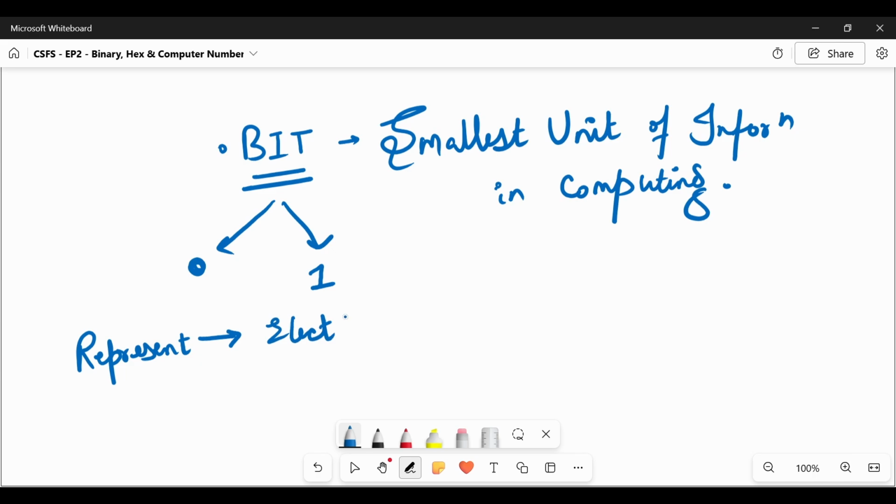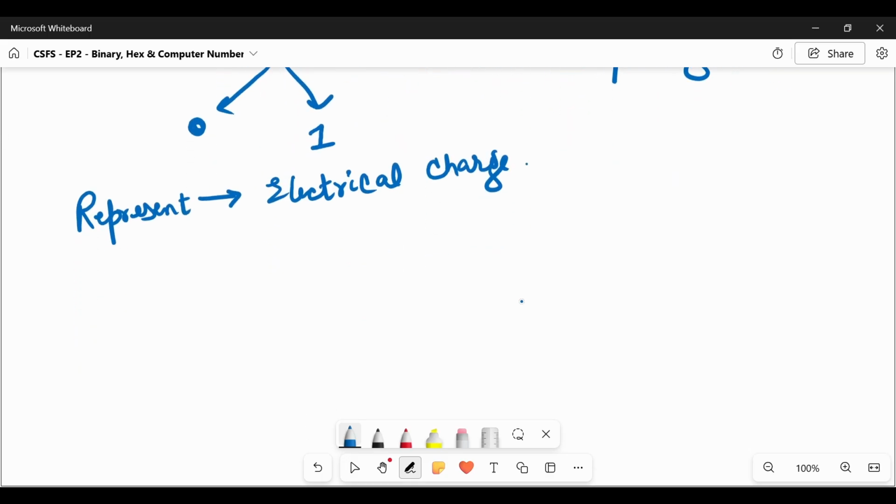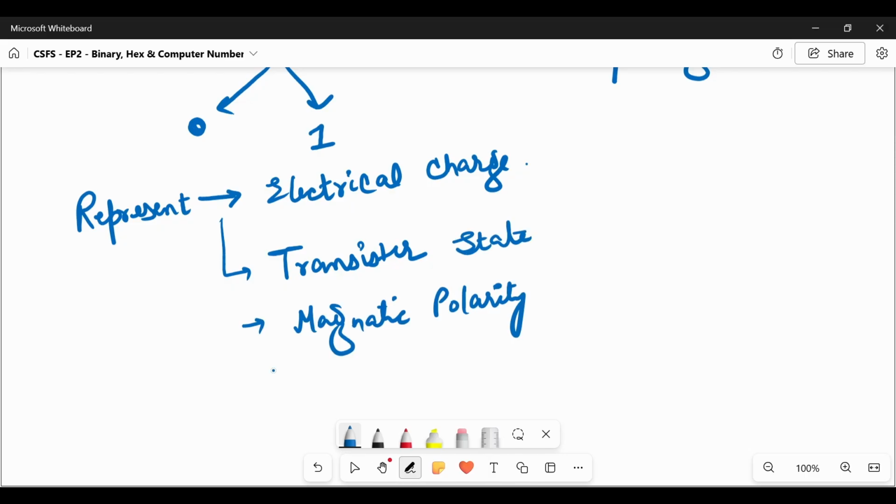Being the smallest unit, it can represent electrical signals, charges, transistor states, magnetic polarity, optical state, anything you can say. Here we are talking in terms of wires, electrical signals, and hardware components. So when we say bit or binary, 0 or 1, it is just a physical reality translated into logic.